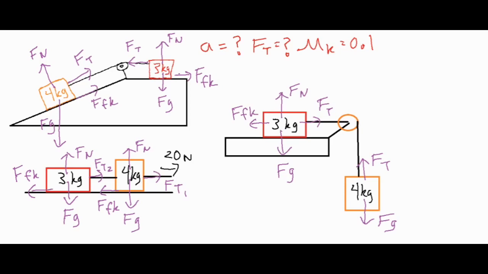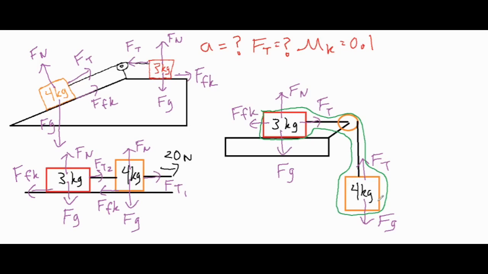Now, what you're going to want to do is, like I said, our key strategy is clumping everything up into one large system and figuring out which direction is your positive and negative direction. For example, if we're taking a look at this situation over here, we have a block on a table and then a mass hanging vertically off of this pulley, we can take a look at it as one system like this and treat it like one big 7 kilogram mass.